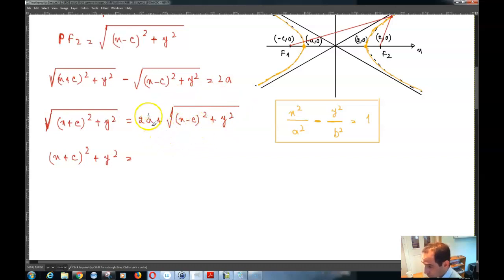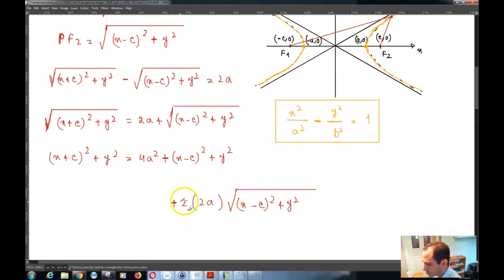So A plus B whole squared is equal to A squared, which is 2 squared A squared, 4A squared, plus B squared, which is this whole thing whole squared, X minus C whole squared plus Y squared, plus 2 times A, which is 2A, times the square root of X minus C whole squared plus Y squared, which is 4A times this expression.